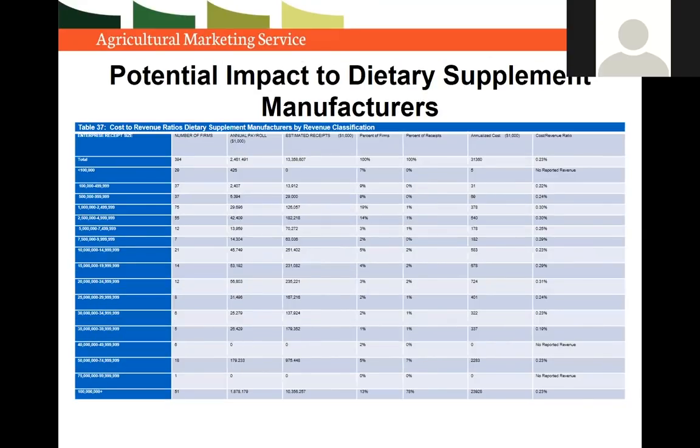While there is no single revenue to cost ratio that can be considered acceptable across all industries, we discussed this with the Small Business Administration and decided to use 1% and 3% as indicating increasing levels of concern. As indicated on this and the following slides, costs never exceed 1% of revenue for any size class of firm. Costs do reach 1% of revenue for food manufacturers with receipts of less than $500,000, but such firms would not be covered by the rule due to the very small food manufacturer exemption.